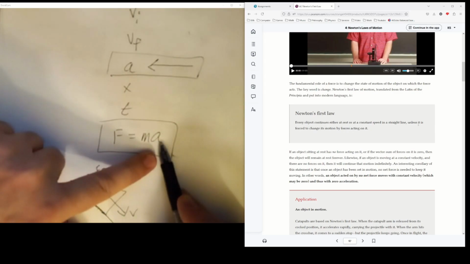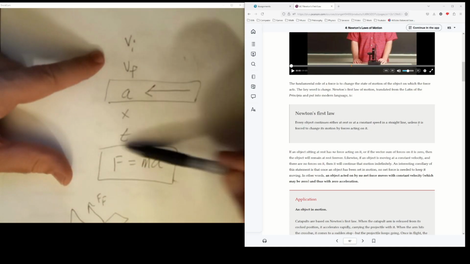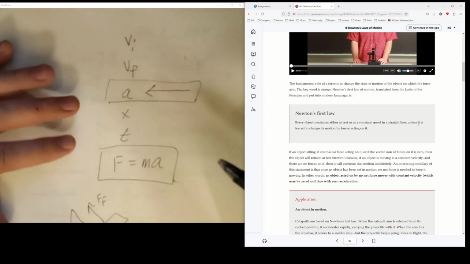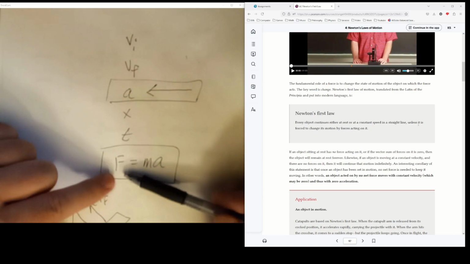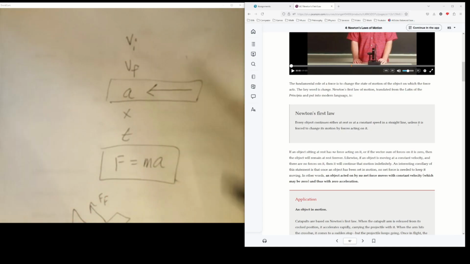And then once we have the acceleration, we can use the kinematic equations. And so it all kind of works together here. We started with the kinematic equations. Now we're going to talk about how we get acceleration. And we get acceleration from the forces. And that's what we're going to be doing now, is looking at the forces that are on an object and then asking, what is the acceleration?